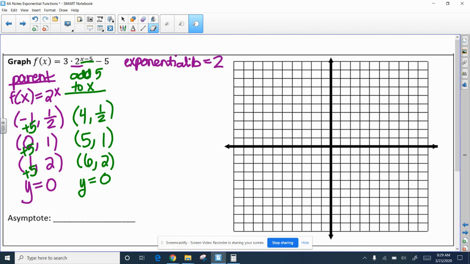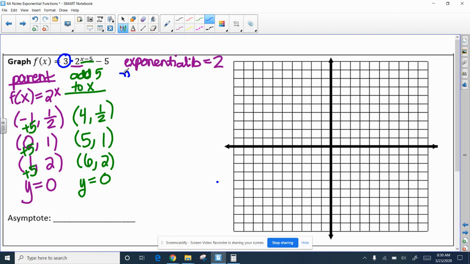Okay, now my next operation, we do need to do this in order to get the right points. In order of operation, we would multiply first before we subtract. So now I'm going to multiply by this 3. The 3 is not with the x, it's outside the x, so this is going to affect the y values.